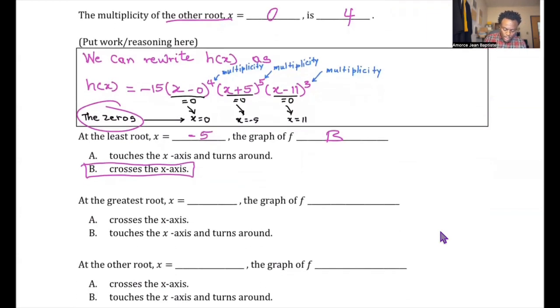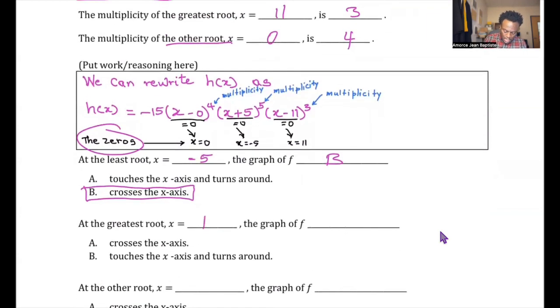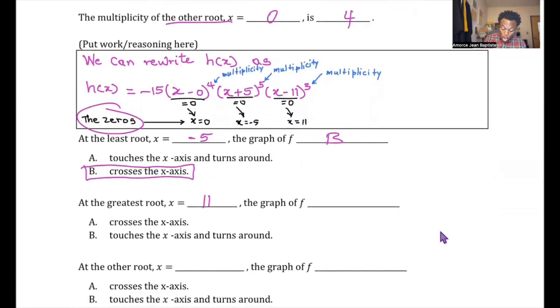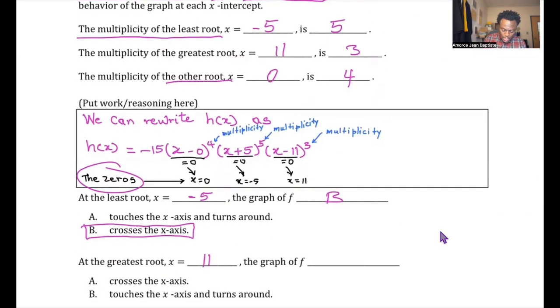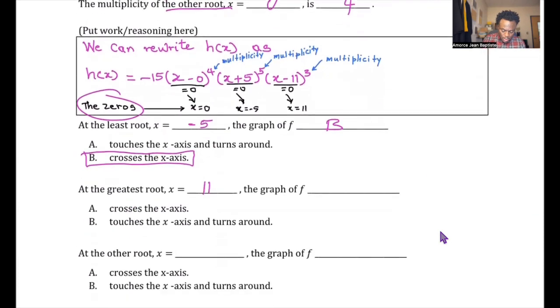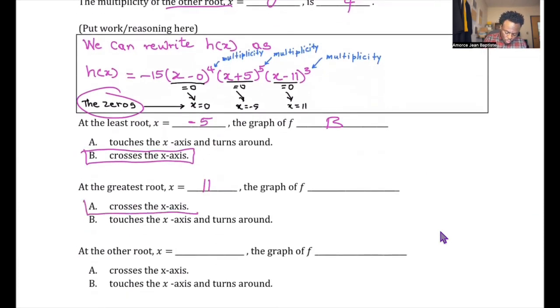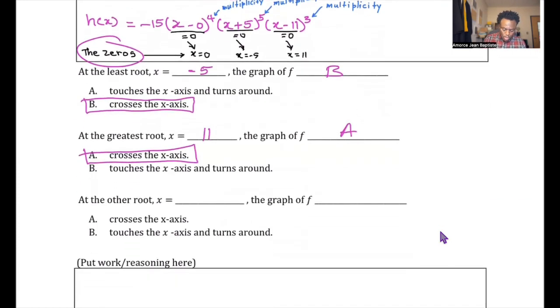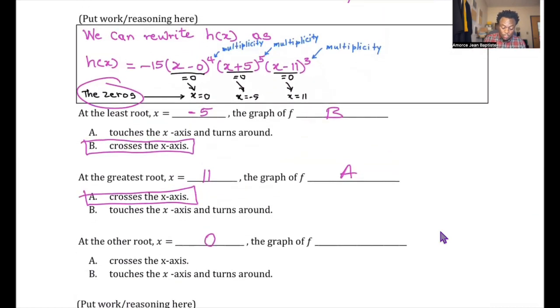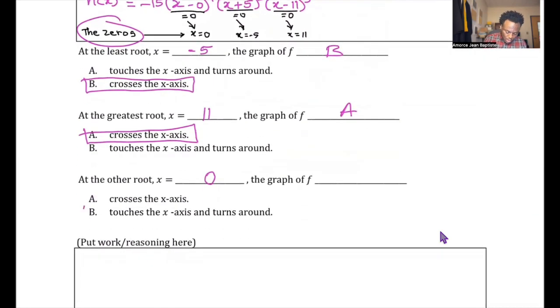With the greatest one, with x equals 11, it's also odd, then we expect the graph to cross the x-axis. With the other one, which is 0, the multiplicity 4 was even, we expect to touch and bounce. So that is B.